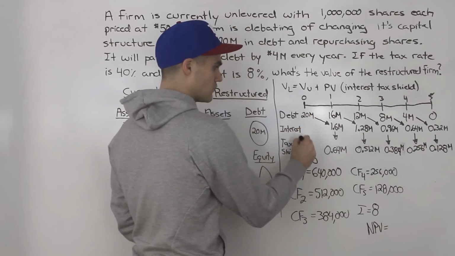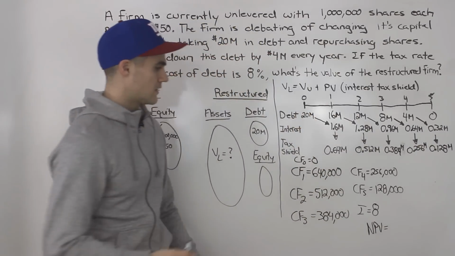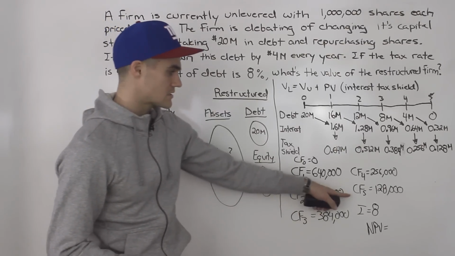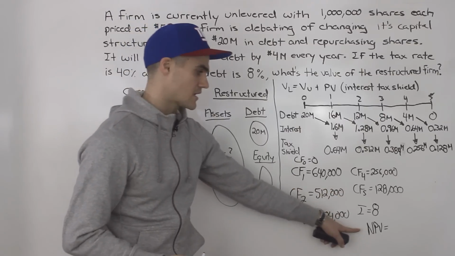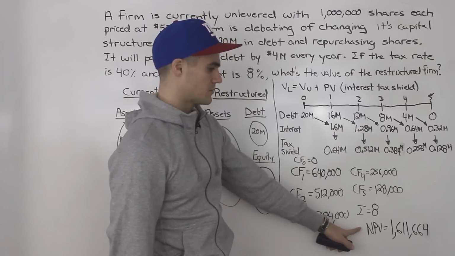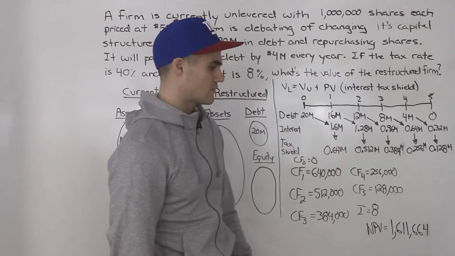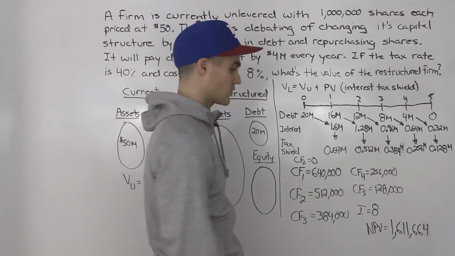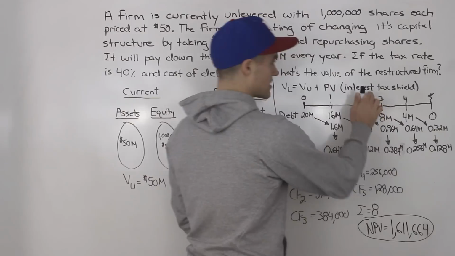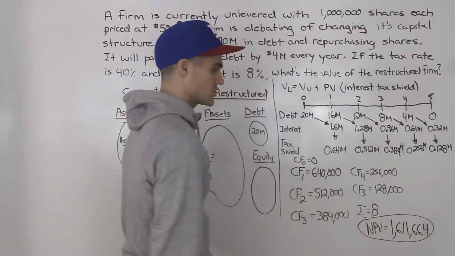There's no cash flow for time 0 in order to get to CF1. But yeah, once you input these, input that interest rate at 8%, and then you calculate the present value. And when you do that calculation, you end up getting $1,611,664. So that there represents the present value of that interest tax shield.